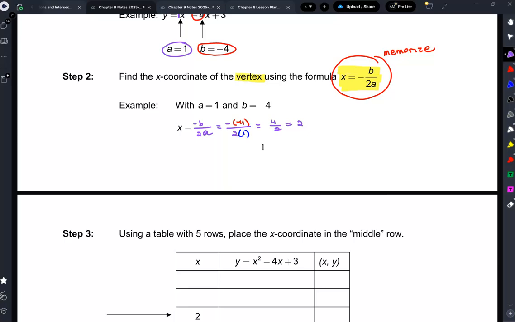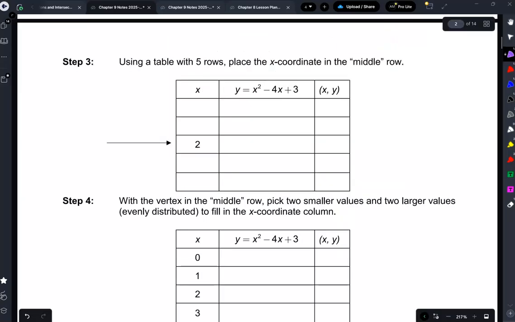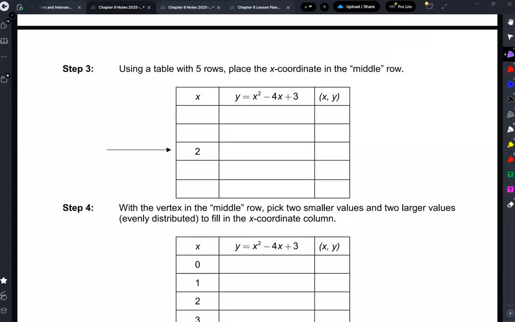Okay, so to graph a quadratic function, first I find the x coordinate of the vertex, negative b over 2a. Then I take that number and I make a table with 5 rows. And I put that 2 in the middle row.